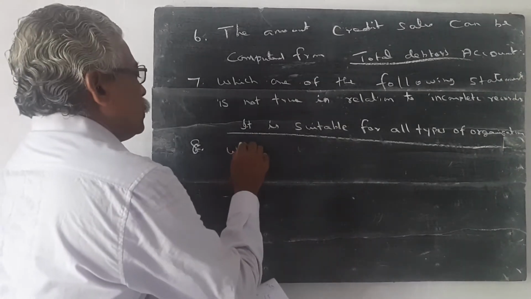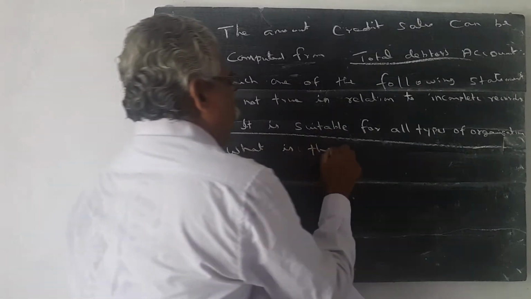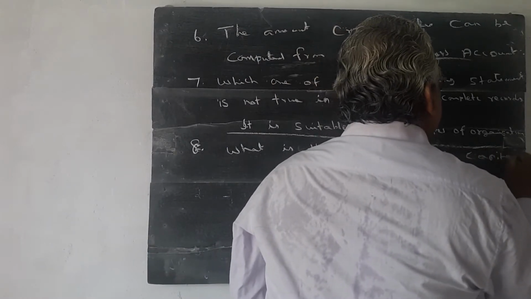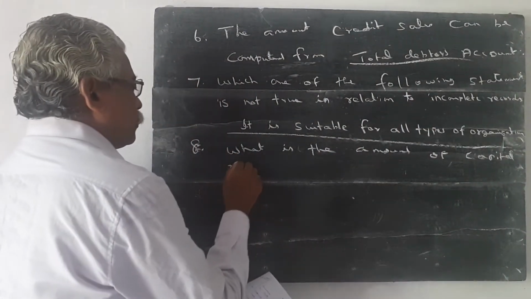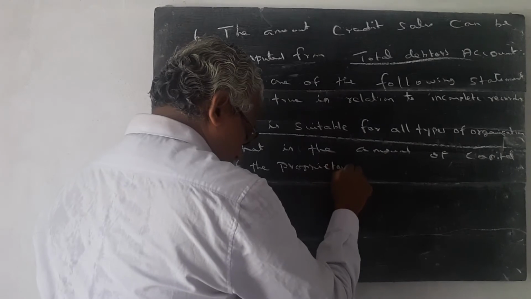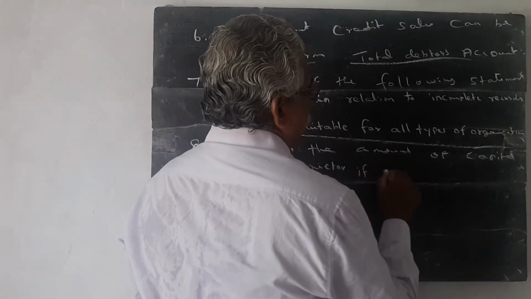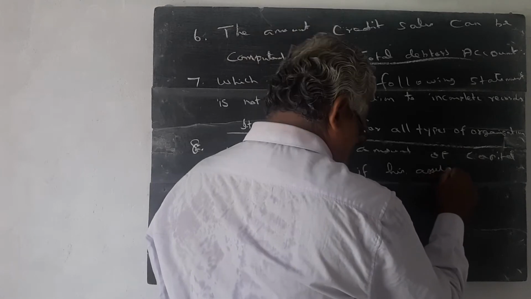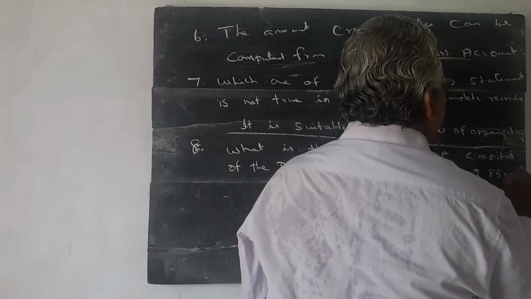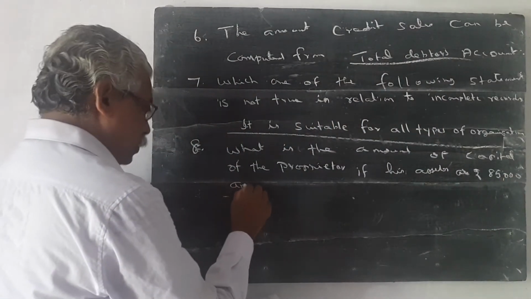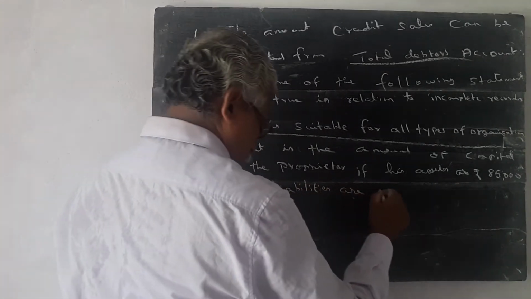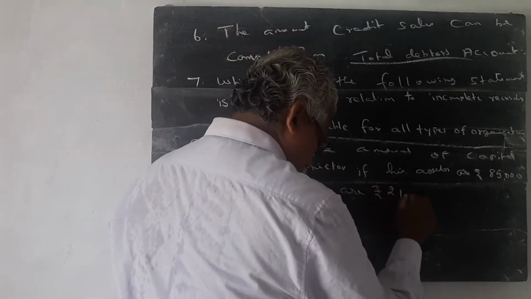What is the amount of capital of the proprietor if his assets are rupees 85,000 and liabilities are rupees 21,000?